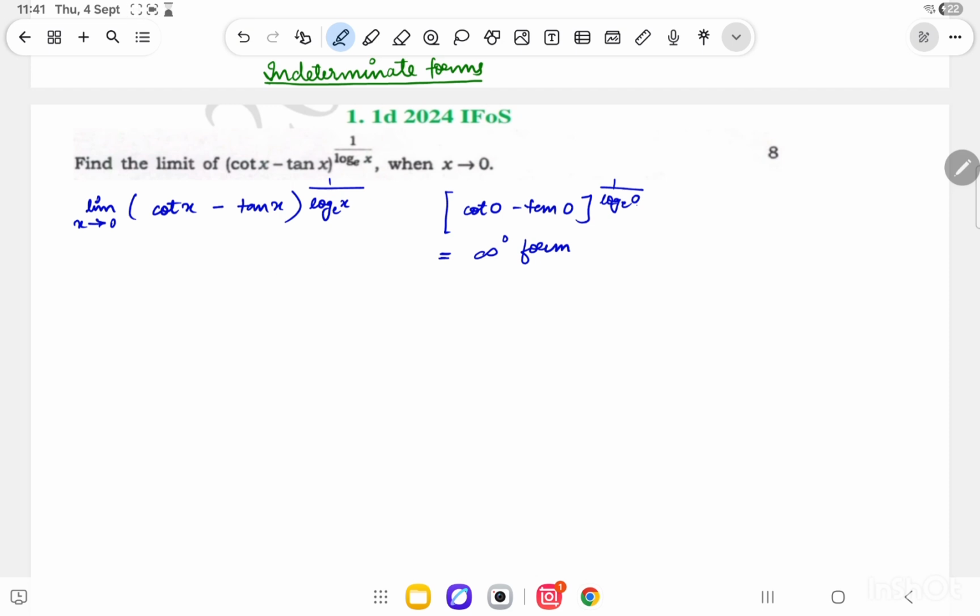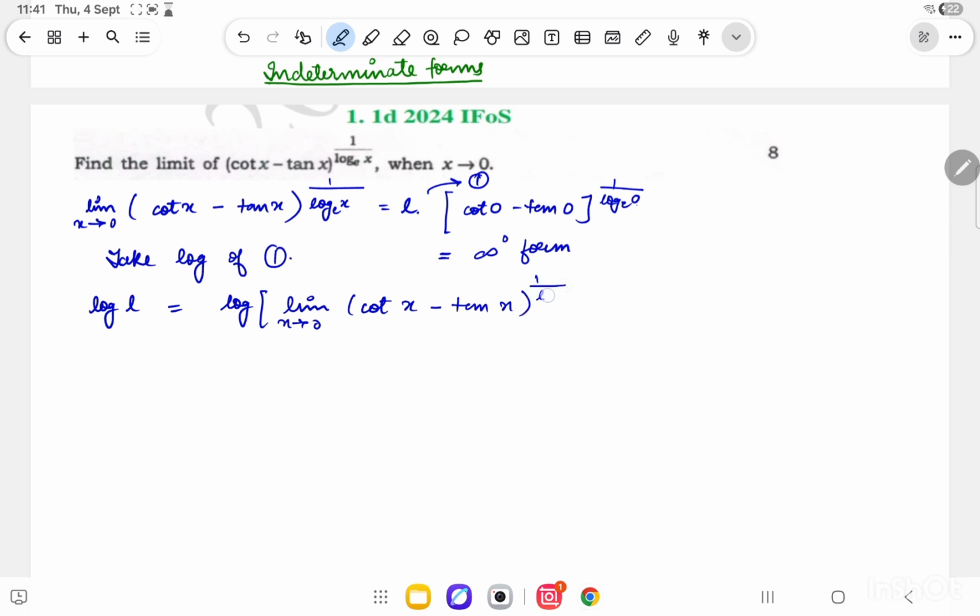What we can do is take a log of this whole term. Let us assume that this limit is equal to L. If we take log of this whole term, let's name it as 1, we'll get log L equals log of the limit as x approaches 0 of (cot x minus tan x) raised to 1 upon log x, which is basically log L equals the limit as x approaches 0 of log of (cot x minus tan x) raised to 1 upon log x.